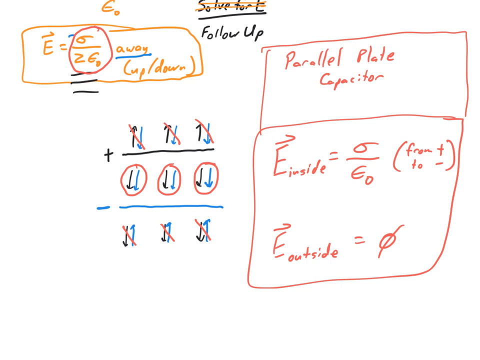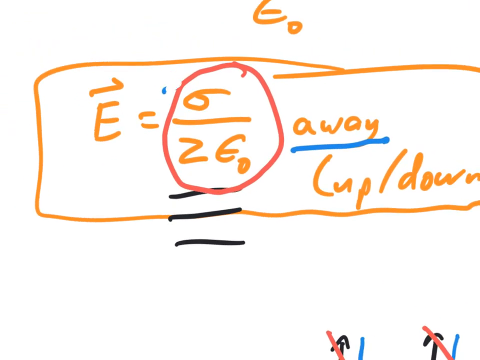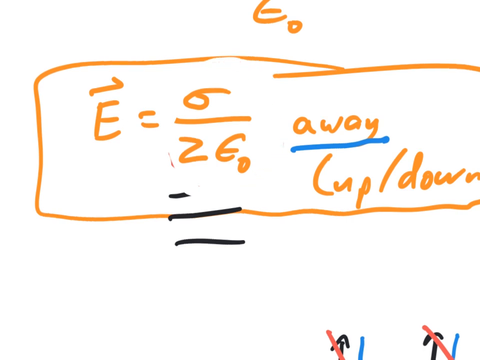And in the orange, we've got the electric field is charge density divided by twice the permittivity of free space, away. And that could be upwards or downwards, depending on if you're considering above it or below it. Thank you very much.